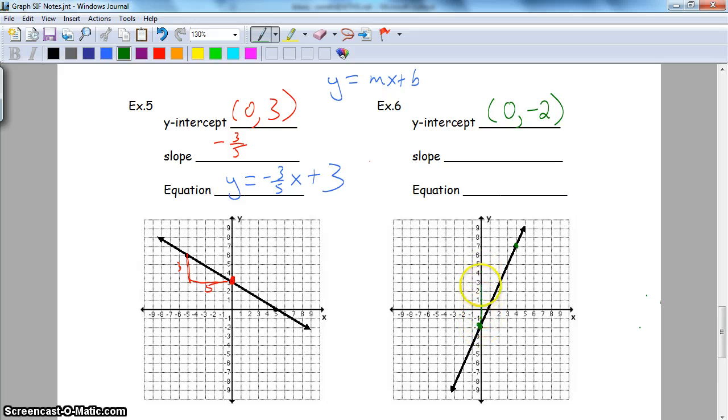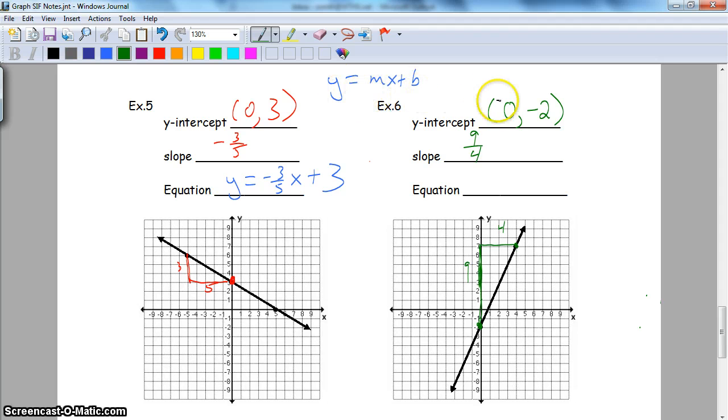Hold on, let me draw this. 1, 2, 3, 4, 5, 6, 7, 8, 9. Goes up 9. How much does that run? 1, 2, 3, 4. 4. So slope, is this positive or negative? Positive. 9 over 4. So that's an ugly fraction, but who cares?